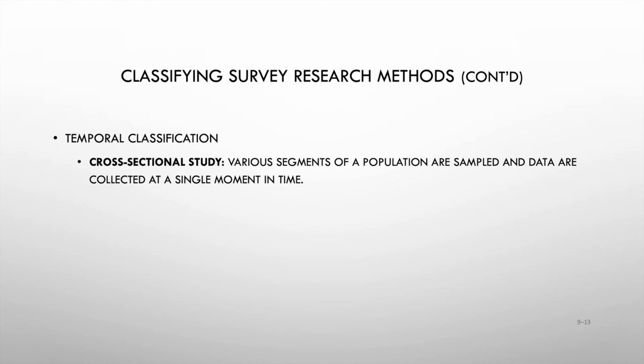Now, some of the other research methods, you have a cross-sectional study. And this is done at a single moment in time. That's critical for you to understand. A cross-sectional study is a comparative study, pretty much, where you compare one thing against something else at that moment in time.